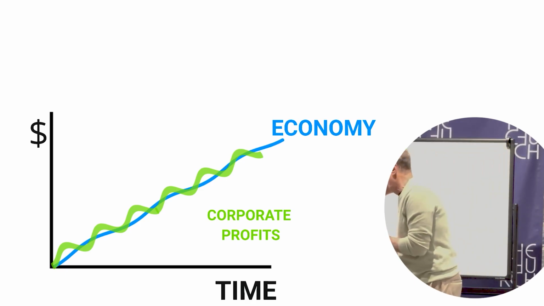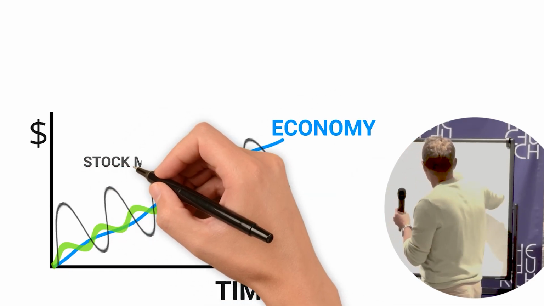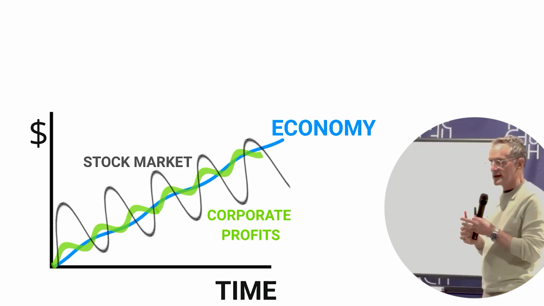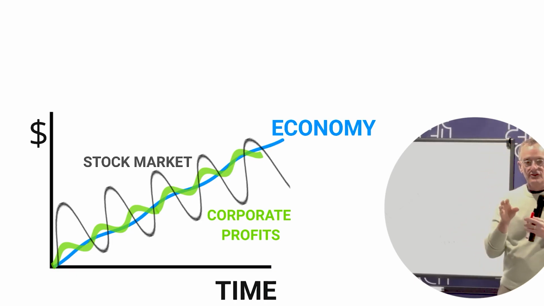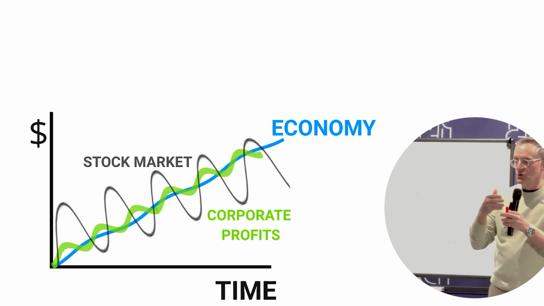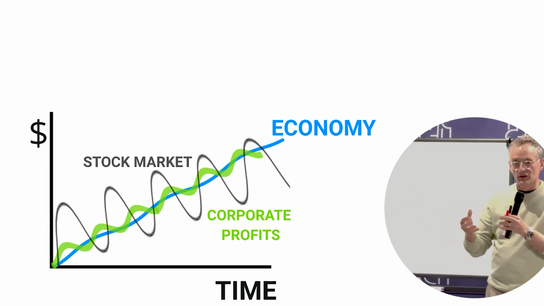But then we have the stock market, which looks like this. And why does the stock market fluctuate so much more than corporate profits? By the way, when you buy stocks, what you're buying is a piece of corporate profits.